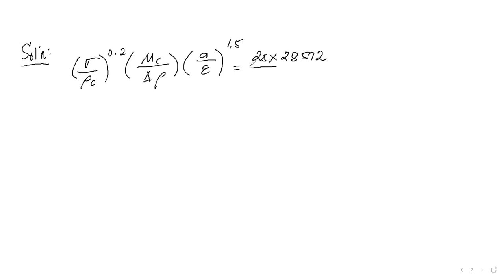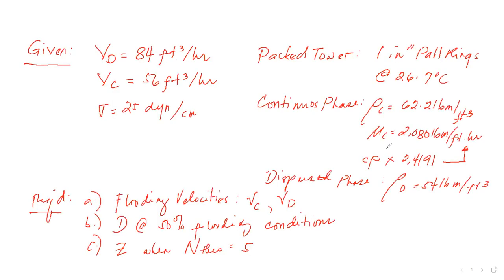Now, your density, since it's already in English for the continuous phase, is 62.2. So this will be raised to 0.2. Now your viscosity was already converted. So if it's in centipoise, you are to use the conversion that I place in here in the given. So if your viscosity is in centipoise, you are to multiply it with 2.4191.